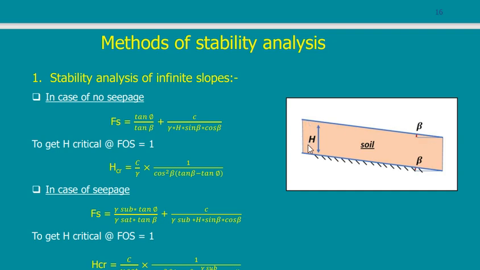Why? Because all of this layer with the thickness h can move. Nothing will prevent it unless there is enough friction between this top layer and this line. So if I have enough friction, then this layer will stay in place.